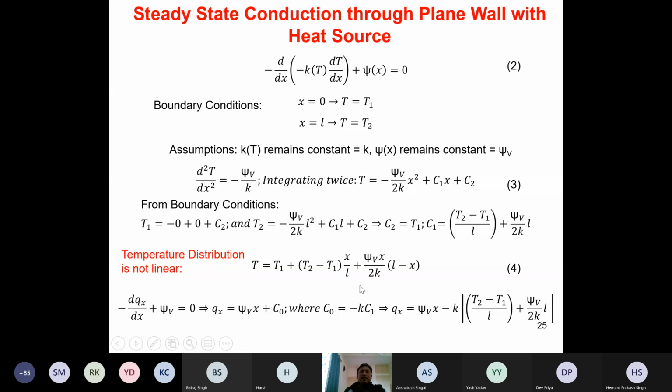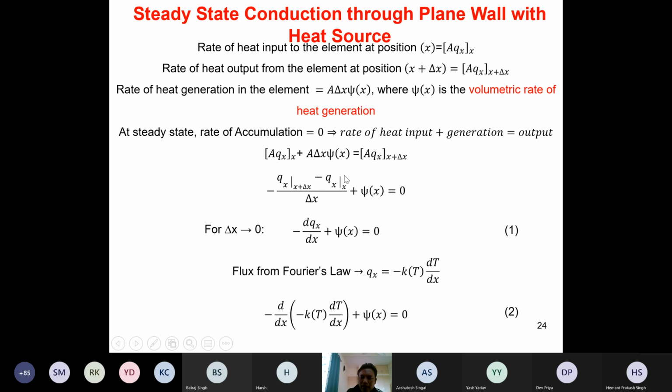Now let us calculate the heat flux qx. Remember, this was the expression we obtained: minus dqx by dx plus psi v. From equation number 2, if we go back to equation number 1, dqx by dx equals minus psi x, isn't it?